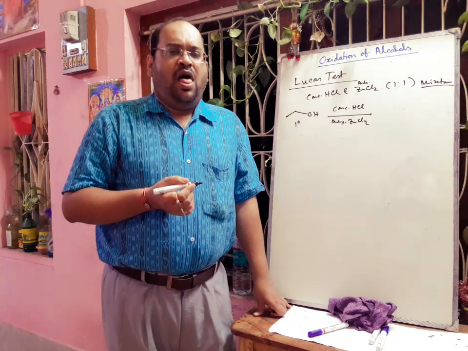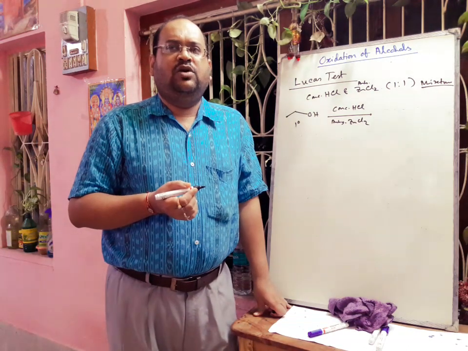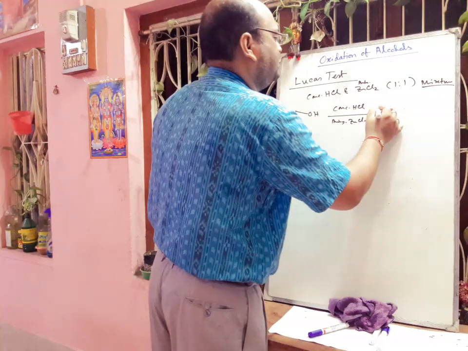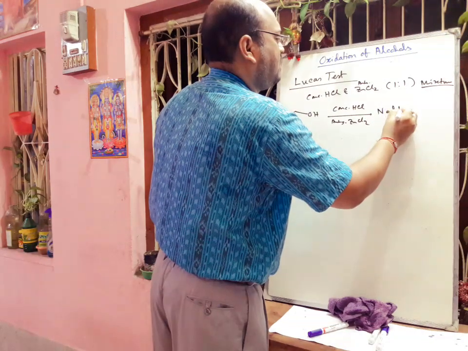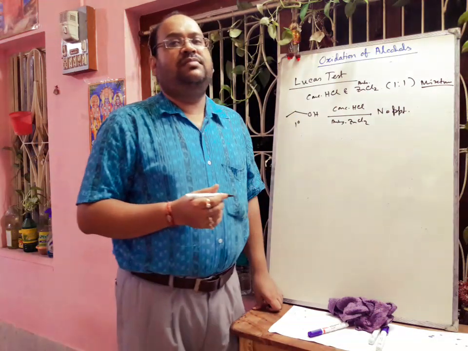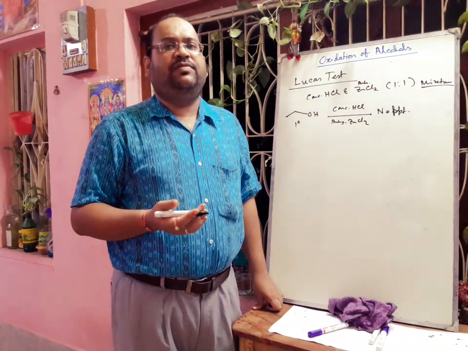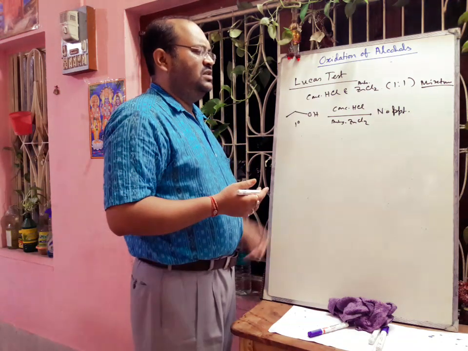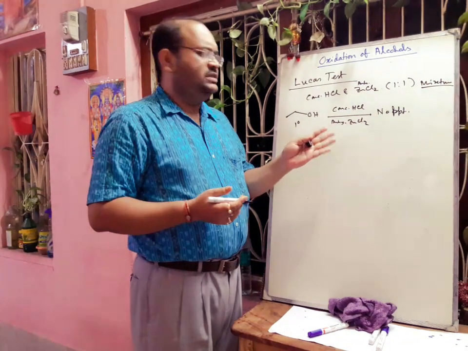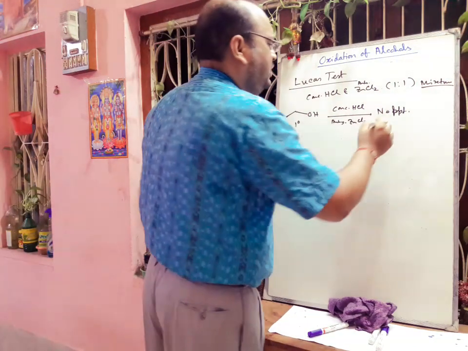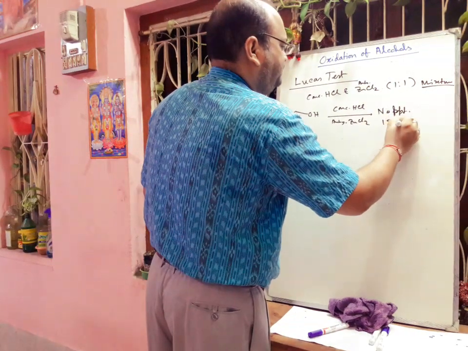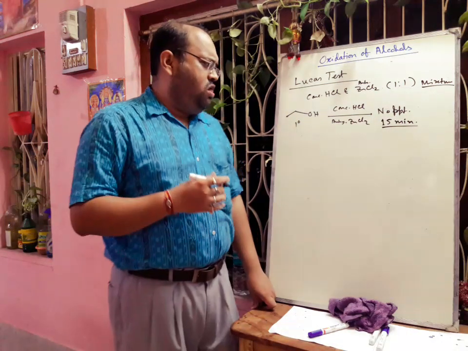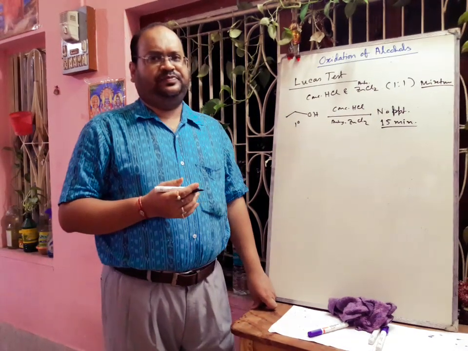Actually there will be no precipitate. But if we use a drastic condition, then there will be formation of the corresponding chloride. But here, if we think about the time, even if we take 15 minutes, there will be no precipitate.